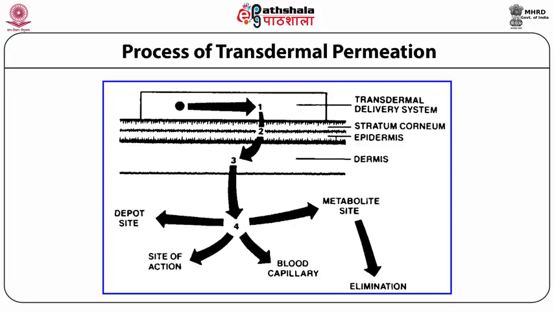Once the patch, which primarily is a composite system, is attached, the drug from there would traverse through the stratum corneum and the epidermis, followed by its path into the dermis, and as it reaches down, it is distributed to the various sites, which can be designated as the depot site, the site of action, the blood capillaries, the metabolite site, and finally the elimination.